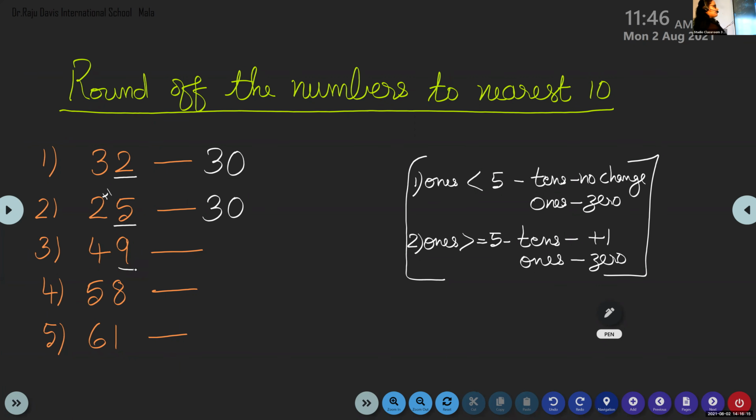Then second rule. 9 is greater than 5. So what is to be done? 4 will become 5. Increase one number in the tens place and the ones place will be 0. So 50 will be the answer. Okay, good, Santino.